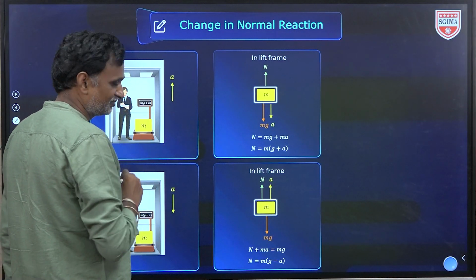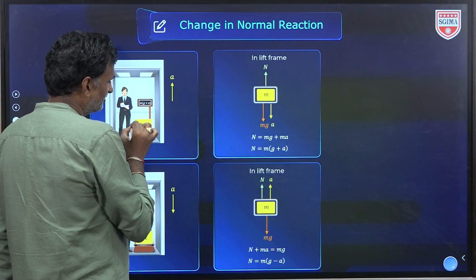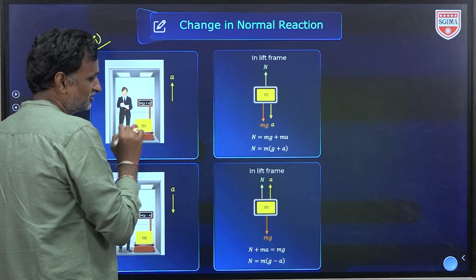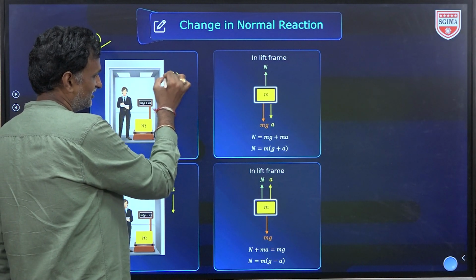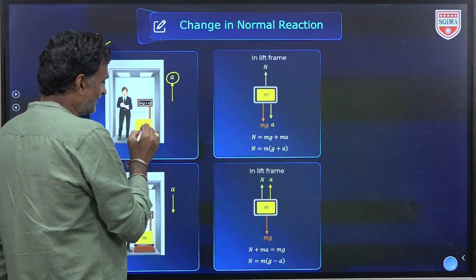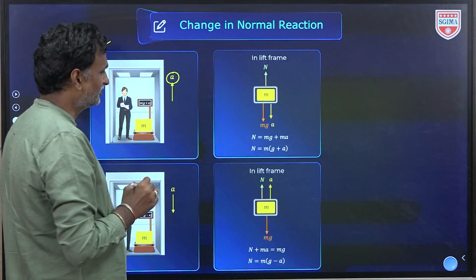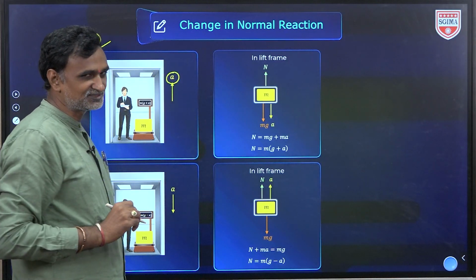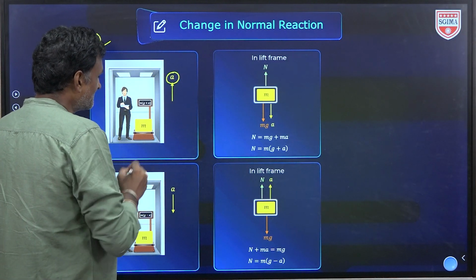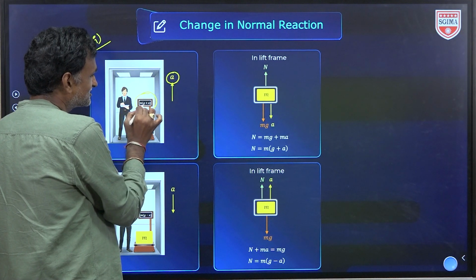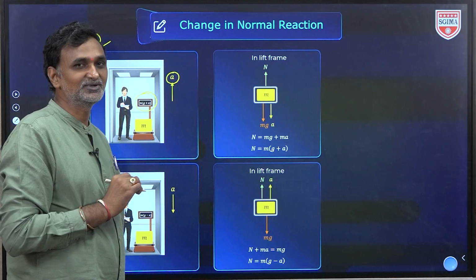The weighing machine is kept inside the lift, with mass m on it. If the acceleration of the lift is 0, the normal reaction is simply mg. But here the lift is moving upward with some acceleration. In such a case, the weighing balance shows m into (g plus a).